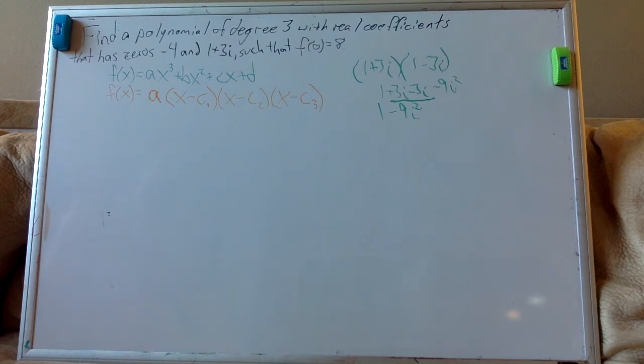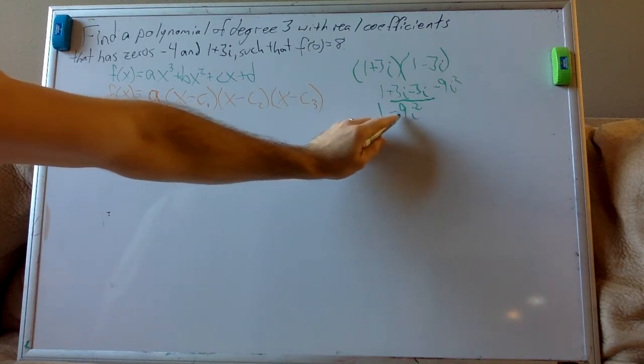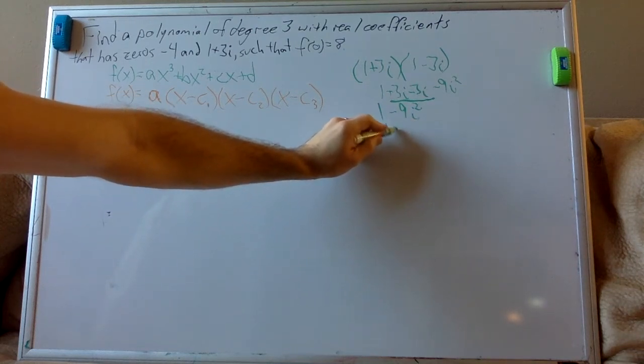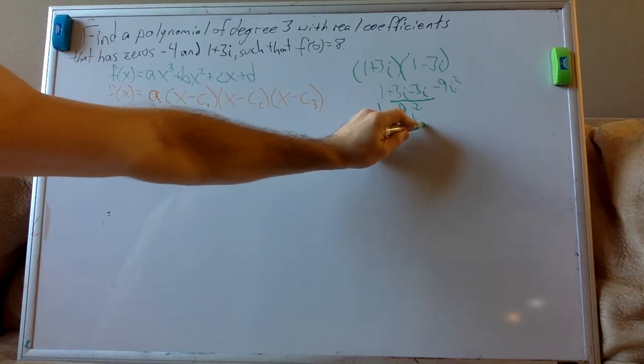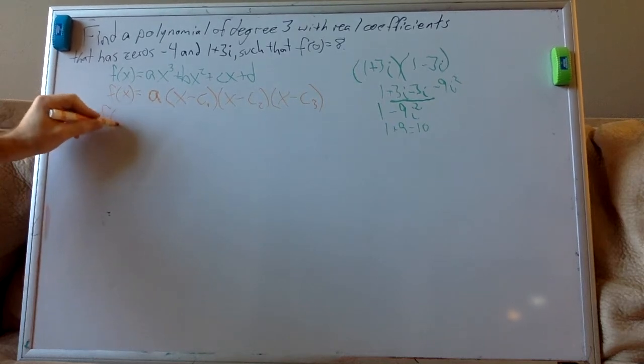But we know that i squared is equal to -1, so it's rotated back into the realm of the real numbers. So we have actually -1 times -9, so +9, so 1 plus 9, and that gives us 10. Okay. So then that tells us we have our 3 values, we know we have our f of x.